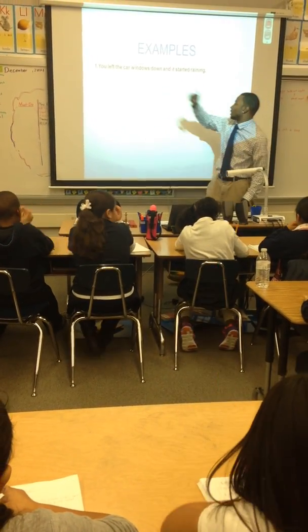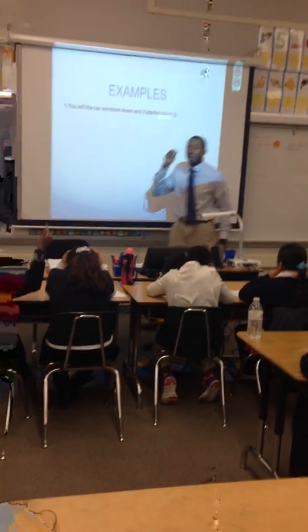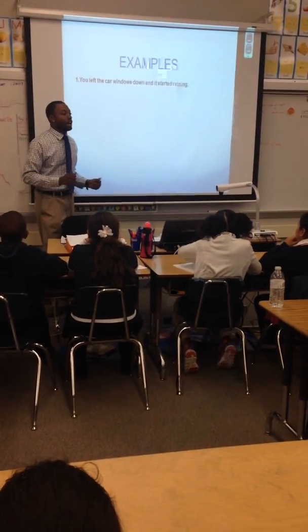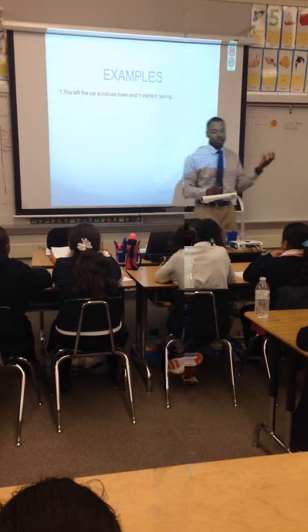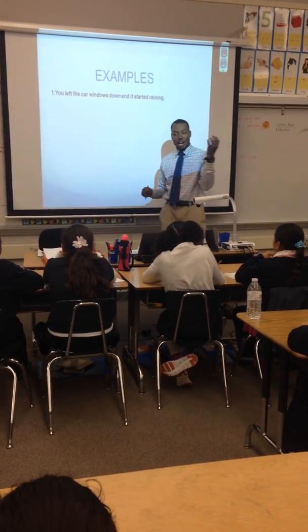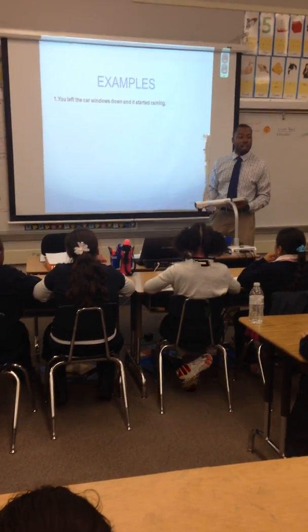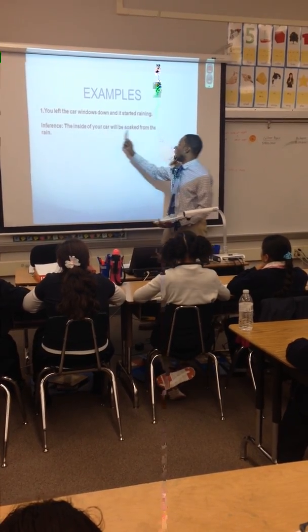So the information from the text is you left the car windows down and it started raining. With my prior knowledge, I know that when it rains, water falls, right? And I know that when my window is down, it's possible that rain can go inside of my car. So if I had to make an inference, I could infer that the inside of your car will be soaked from the rain.